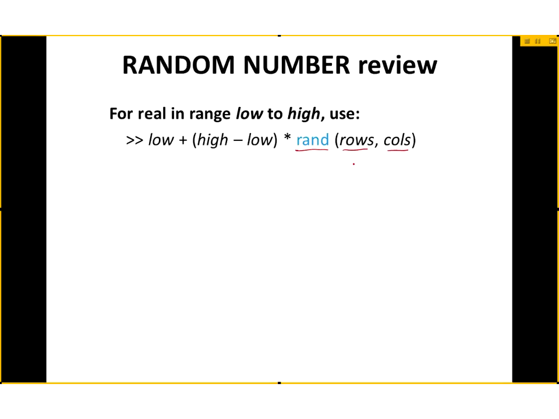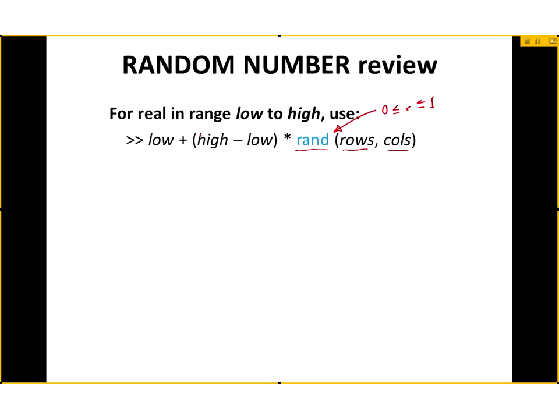And you'll remember that those random numbers that we generate by the rand function are real numbers between 0 and 1. And so if we want to get a random number in a range other than between 0 and 1, we of course need to scale that random number appropriately.